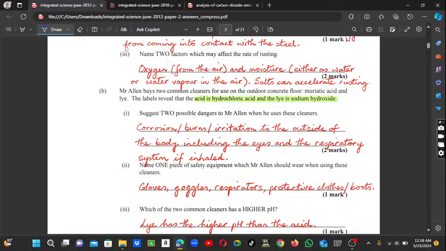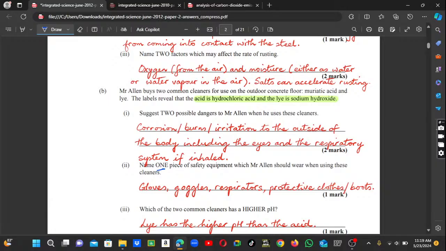Goggles would protect your eyes. Then we're talking about respirators, and protective gear that could also protect, for example, clothes, wearing protective clothes or boots, because we don't want any harm. But we just need 1. So the keyword here is 1 piece.